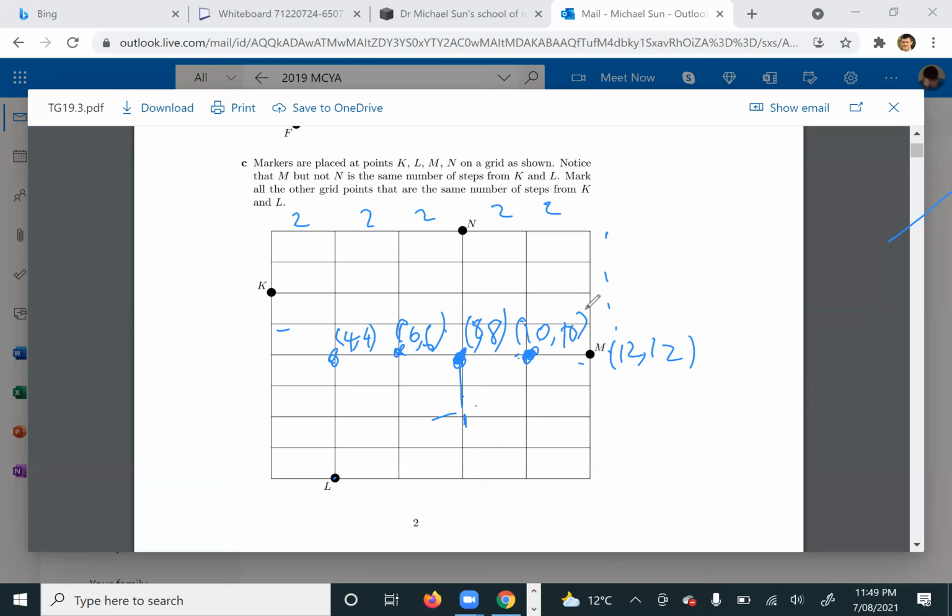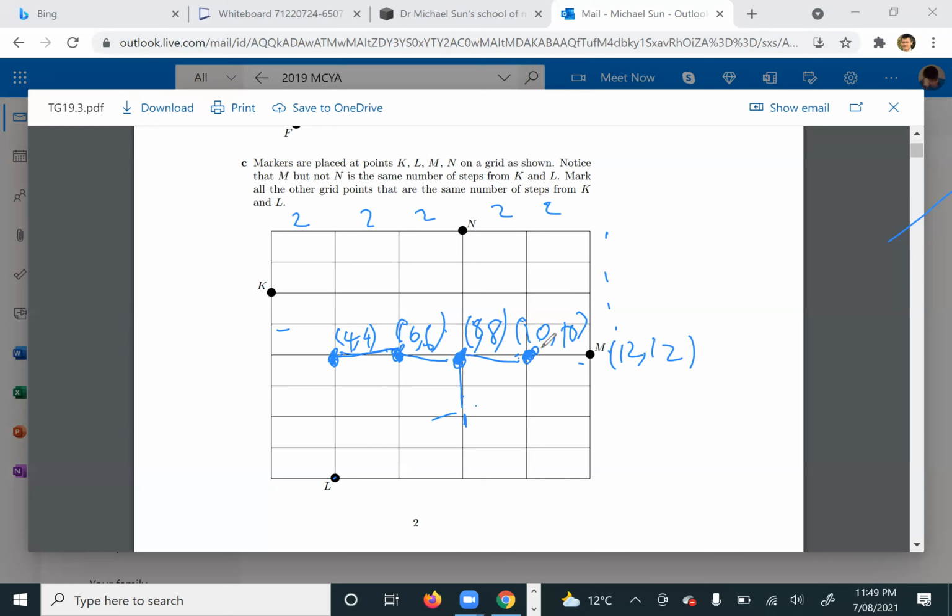Okay, so you found these 4 and counted the steps to show that they have the same distance, yeah? Well, an easier way to do that is once you know that that's 4, you know that this is going to be 6 because it has to go 2. So it has to be 2, 4, 6, 8.